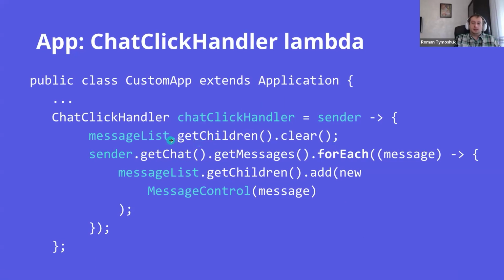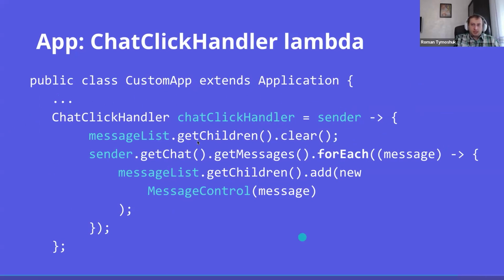By functional, we mean an interface with only one method. So if you write this function like a lambda, it's pretty clear to Java that it relates to the method declared in the chat click handler. What we are doing here, we can provide a sender, and we are providing the implementation. So here you can see the action, what is going on in case the user clicks on any kind of component.